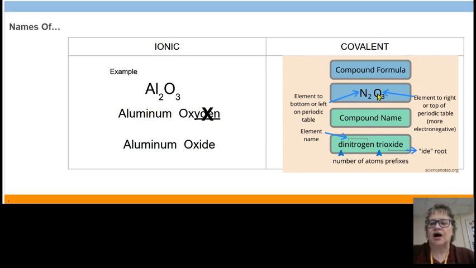And then again for oxygen, ox, and then don't forget that the second word has to have IDE in it. Okay? And then there are 3 of them, and the word for 3 is tri. So we have N2O3, dinitrogen, right? 2 nitrogens, trioxide, 3 oxygens.